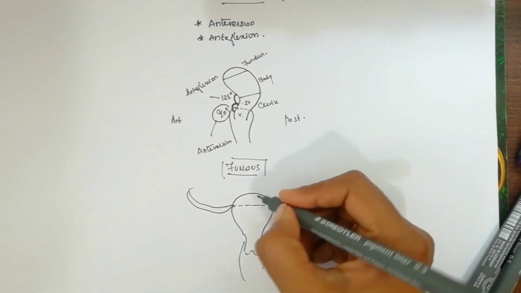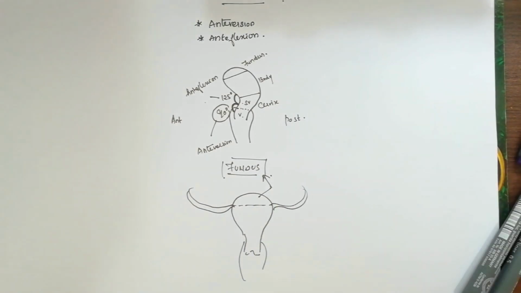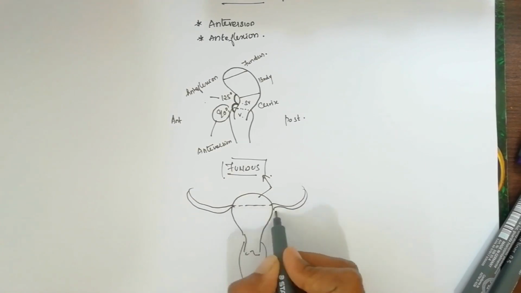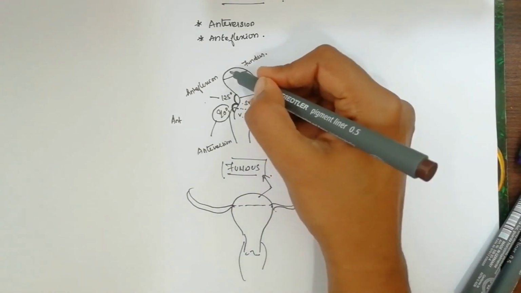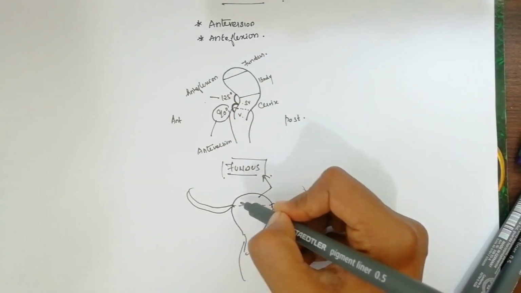Just above the imaginary line, this expanded part is called the fundus of the uterus. It is situated above the imaginary line joining the lateral angles or cornua, and it is directed forwards.